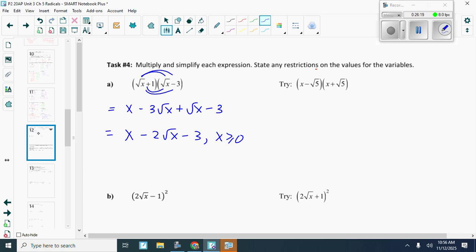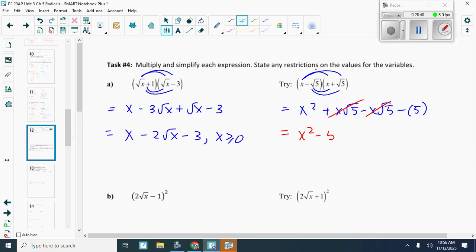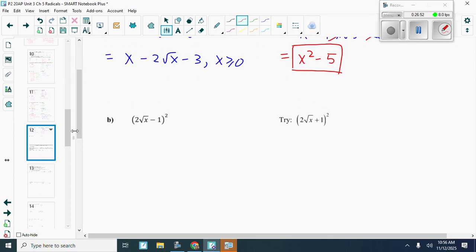This one was a conjugate, so we're going to end up with x squared plus... There's no restrictions on this one because there's no variable underneath the radical sign. I think you guys are good with that.